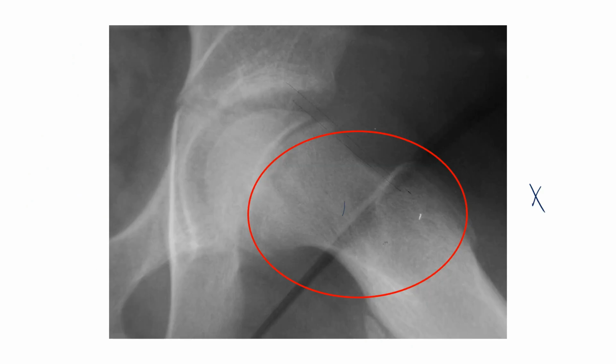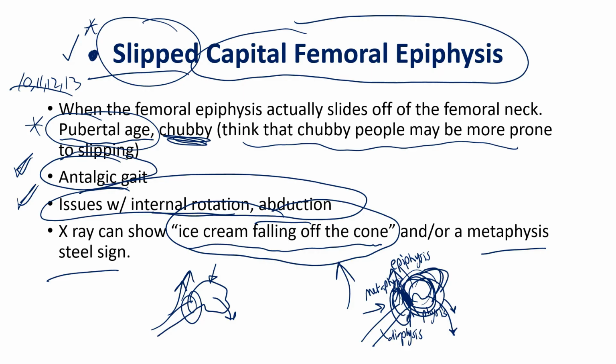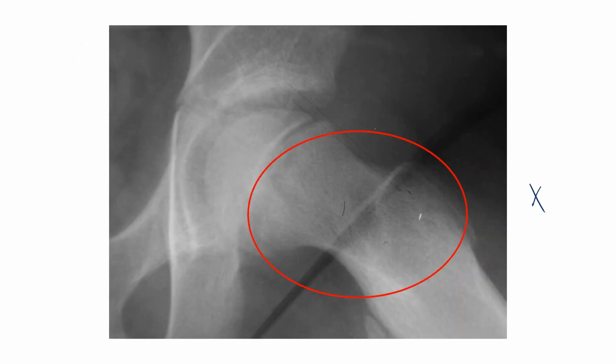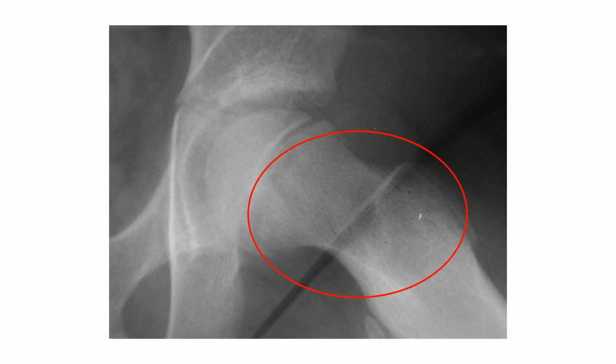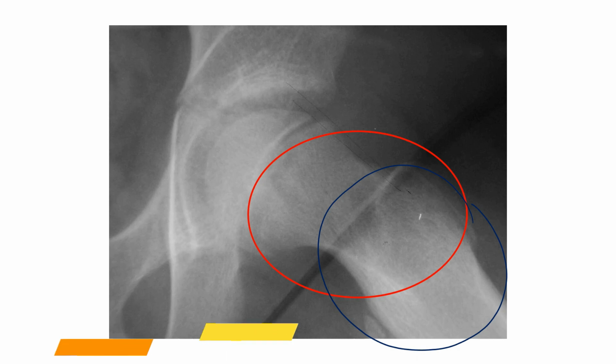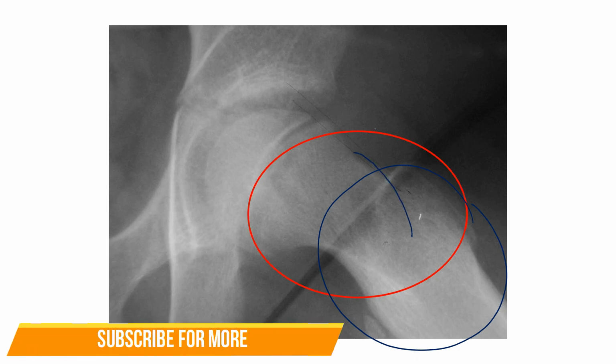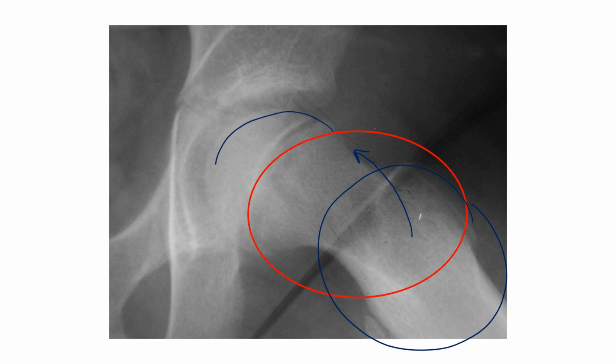Another thing it can have is something called a metaphyseal steel sign. These 2 signs are not present on every single X-ray, but you can just look for these 2 signs. I don't have an actual X-ray of this one, but what you would see is that when this femoral head begins to slide off like it does, and this piece goes backwards, sometimes the bottom piece connected to the femoral head can go up behind the femoral head.